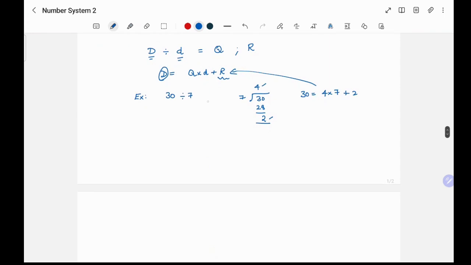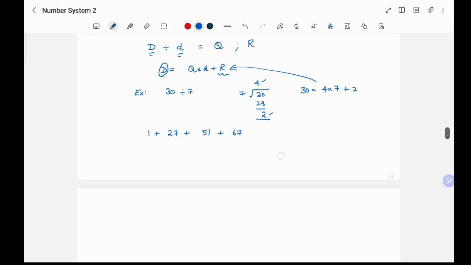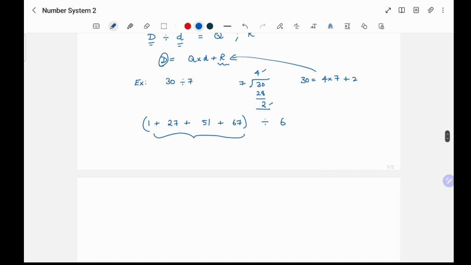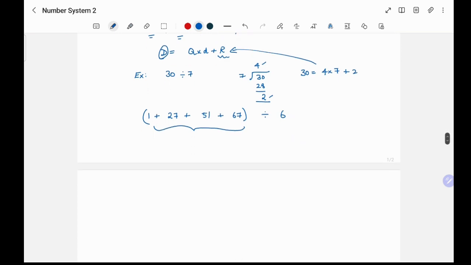Suppose we have more numbers. Let's say I want 1 plus 27 plus 51 plus 67. I want to find the remainder when this result is divided by 6. In general, what I will do is sit and add these numbers. 1, 27, 51, 67.